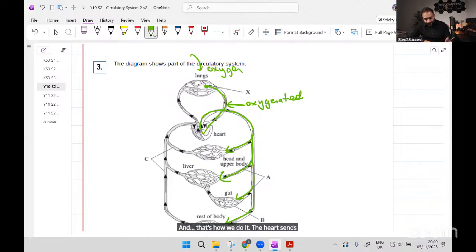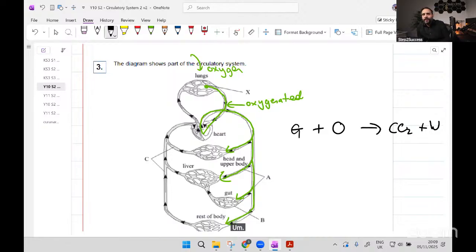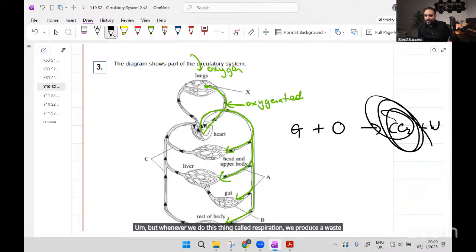Right. When respiration takes place, respiration is, to put it very simply, glucose plus oxygen makes carbon dioxide and water. That is not the simple equation, but whenever we do this thing called respiration, we produce a waste product in all our cells called carbon dioxide. That carbon dioxide has to be removed from the body.